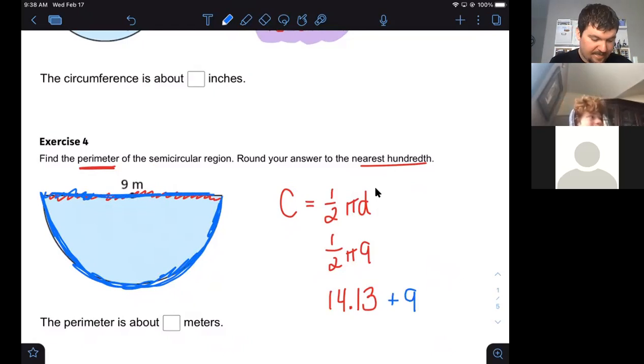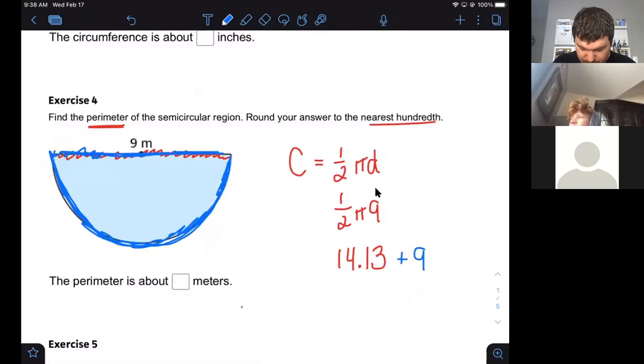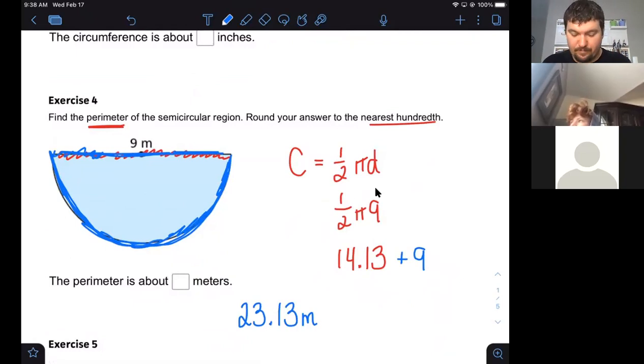So we're just going to add 9 to that and get 23.13 meters. Again, finding the perimeter means finding the distance around it, not the space inside of it. So I have to think, how many sides does this shape have? And for a semicircle, it has 2 sides. All right, so there's number 4.